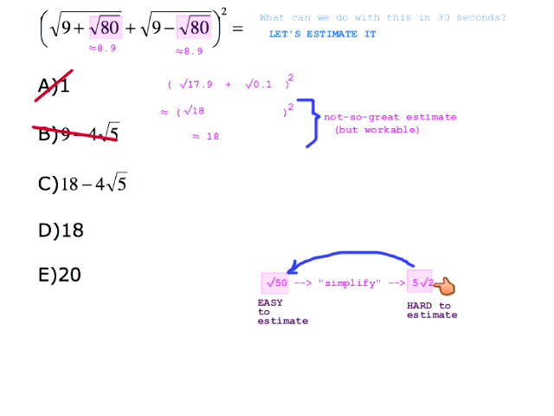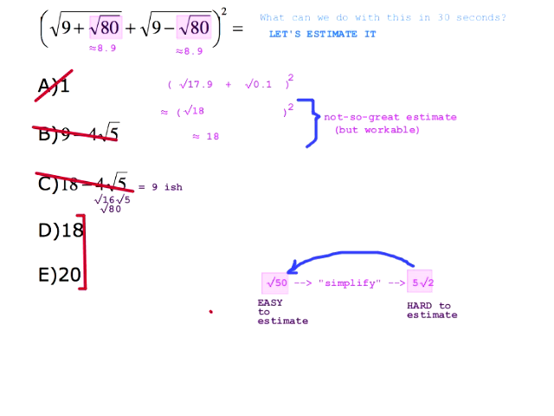If your job is to estimate, then get it the heck out of this silly form. It gets to look like that. So this is rad 60, rad 5, which is rad 80. Oh, hey, that's about 9. So this is only about 9. Way too small. Okay, so it's going to be one of these guys.